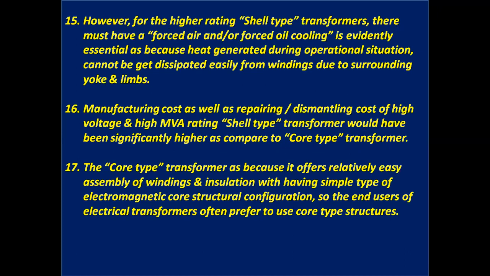However, for higher rating shell type transformers, a forced air and/or forced oil cooling system is essential, because heat generated during operation cannot be dissipated easily from windings, as they are surrounded by yoke and limbs.